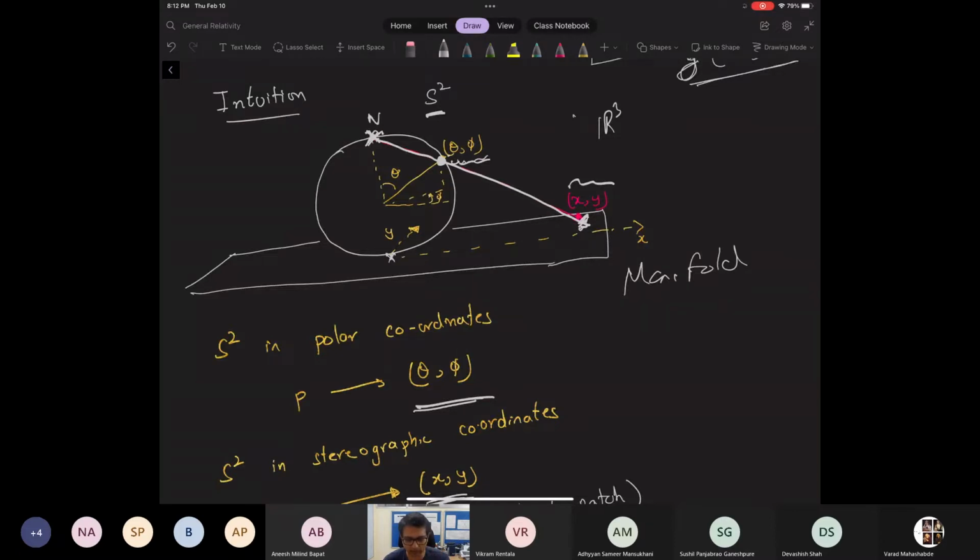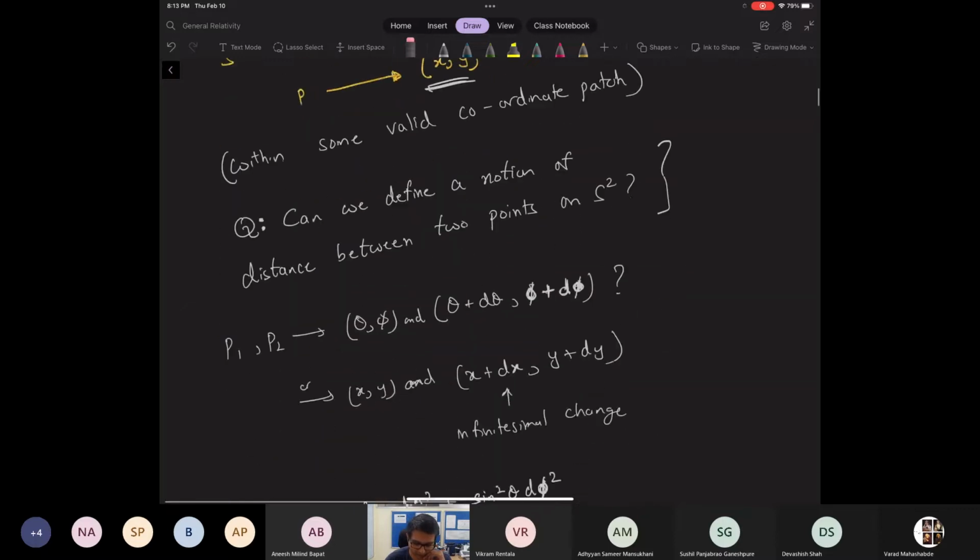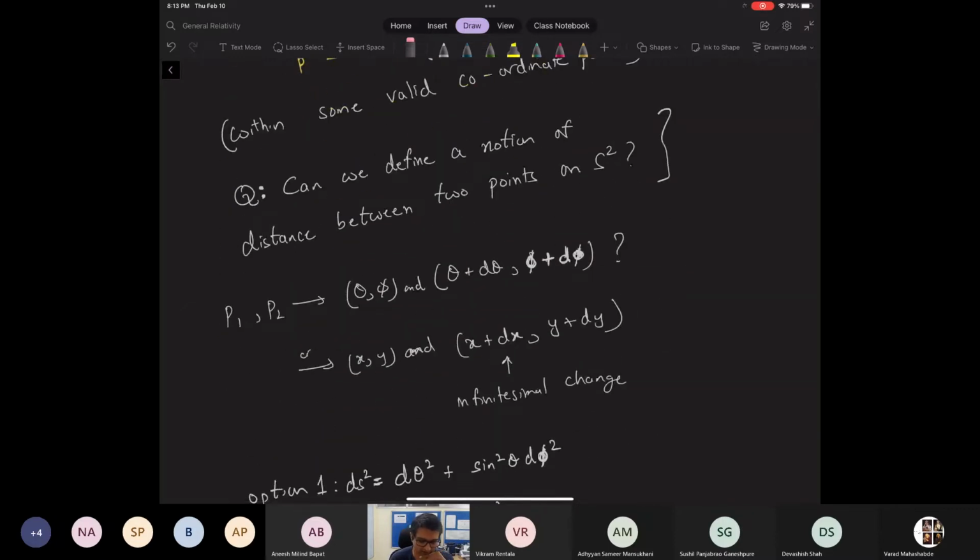Now you'd say, well, if I look at this picture, it seems like there's an obvious measure of distance, right? If I know the radius of the sphere, and I'm thinking of it as a sphere embedded in 3 dimensions, then I know the distance between 2 points theta, phi and theta plus d theta, phi plus d phi. That distance will simply be r squared d theta squared plus r squared sine squared theta d phi squared.